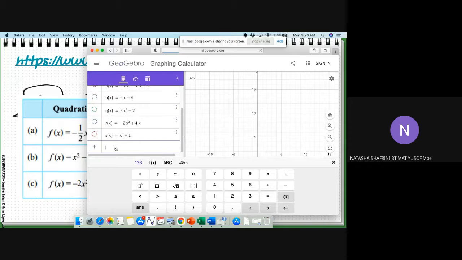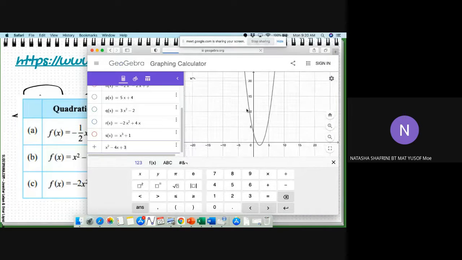Okay, untuk next, kita ada x² - 4x + 3. So this graph, boleh bagi tahu cikgu value of a? One. Okay.